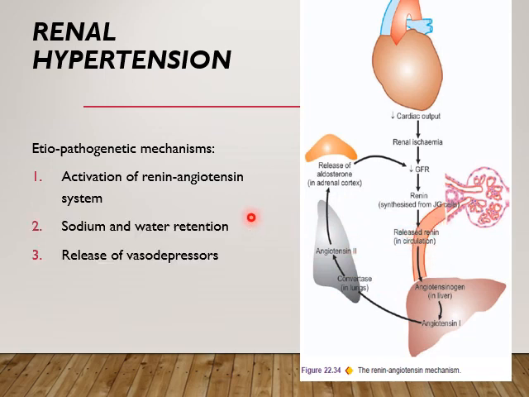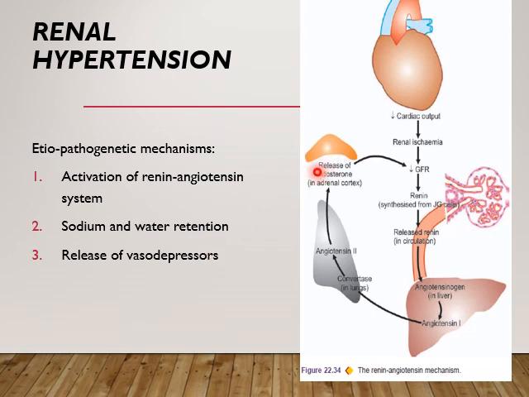Along with that, it causes an increase in sodium and water retention. One more point to remember is that sodium plays a very important role, especially physiologically, in the maintenance of blood pressure; sodium and cardiac output play a very important role in maintaining the blood pressure. If there is excessive retention of sodium, it leads to an imbalance of the sodium levels in the blood, which also adds to the elevation of blood pressure.